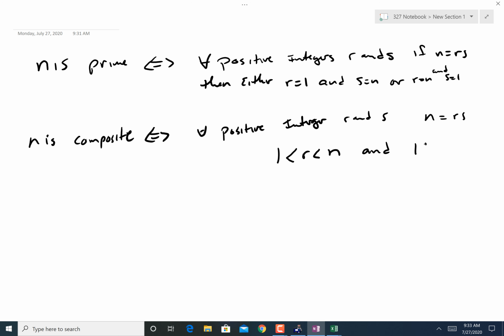And what are you saying by that? You're saying that s can't be 1 and r can't be 1, and neither of them can be n. So that's what composite means. The reason I'm running through this again is that I just wanted to show you some of the symbols a little bit.